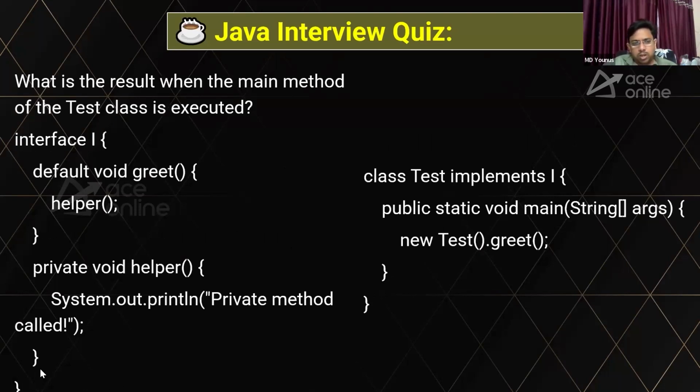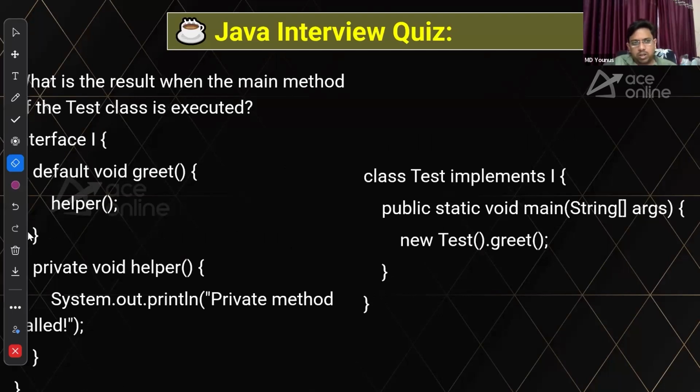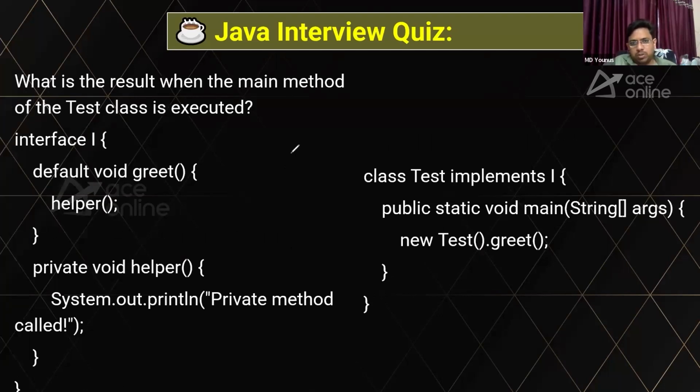Please let me know if there is any line you didn't follow. Let me explain quickly line by line what happens here. The execution starts from main, right? New Test, as it is implementing I. So I'm making an object of this new Test and calling the greet method, because the greet method is available to Test.